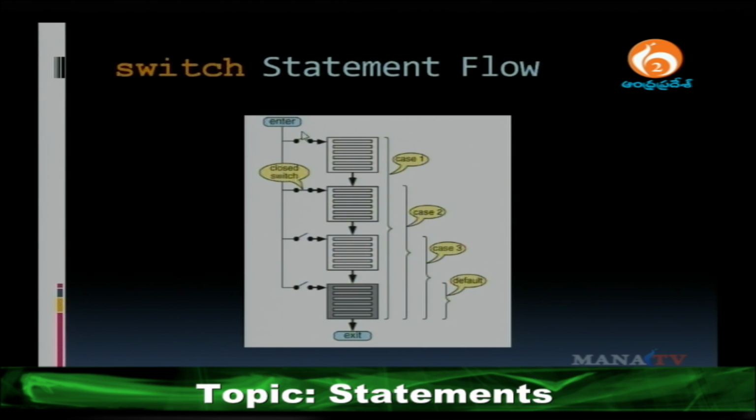This is the switch case flow chart diagram. If the switch value is matched with the case, then that case's statements are executed. Whenever we write break as the last statement in a case, control comes out of that switch block.